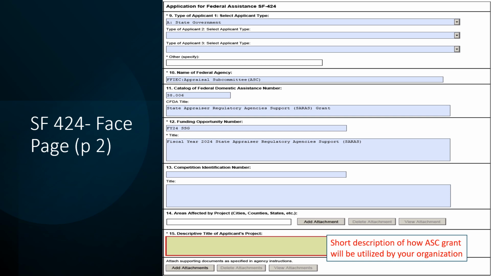On this page, you will simply jump to number 15 to provide us with a short description of how the grant funds would be utilized. We use this for purposes of sharing with the community what type of support you're looking for. An example would be to support our state training plan or to improve our IT systems.